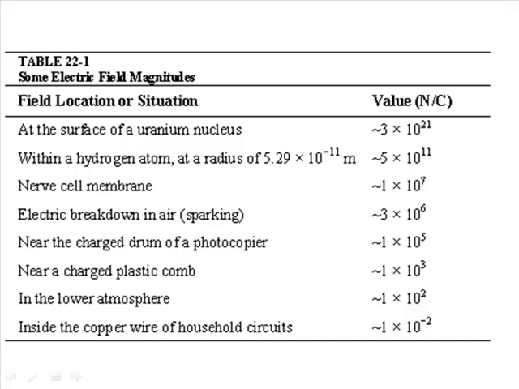So this chart just shows typical values for the electric field at different places where you might test it. We have at the surface of a uranium nucleus, it's about 3 times 10 to the 21 newtons per coulomb. About where the electrons are in a hydrogen atom, it's about 5 times 10 to the 11 newtons per coulomb.